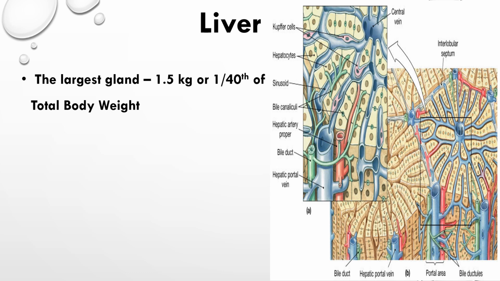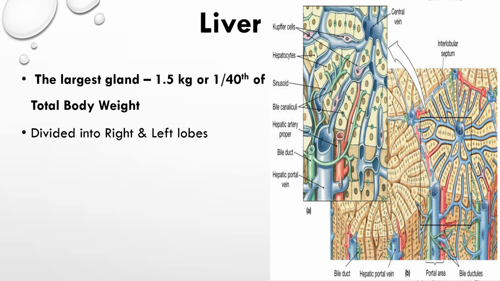Liver, it is the largest gland in the body and it weighs approximately 1.5 kilograms or 1/40th of our total body weight. Anatomically, the liver has been divided into right and the left lobes. Right lobe is much larger in size because it has caudate and the quadrate lobes.